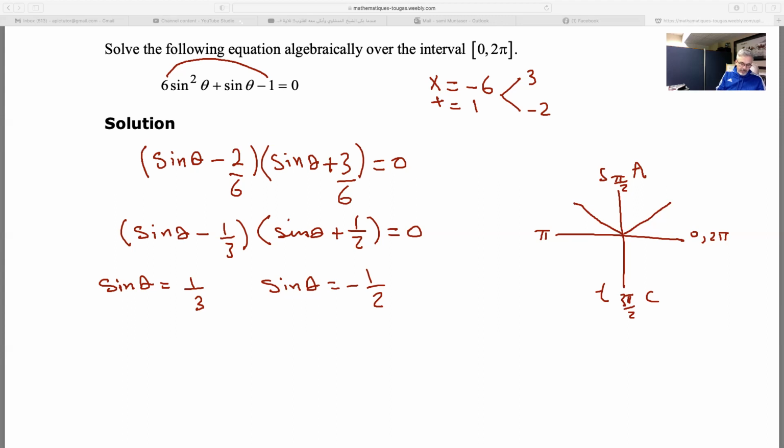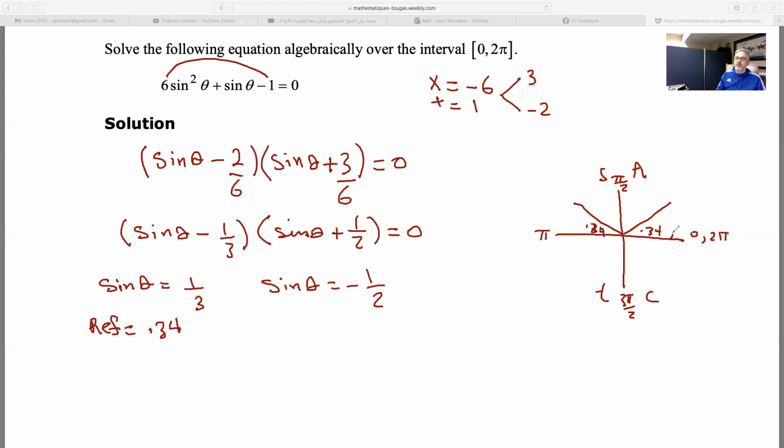I go second function, sine, 1/3, and that will give me my reference angle, and my reference angle here is 0.34. So I write that in here and in here.